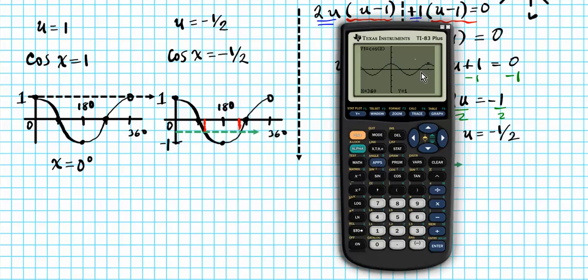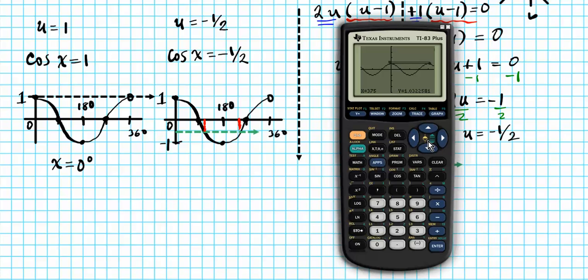Okay, so this is the window that we were focusing our energy on. To help you focus on the relevant area, I'm going to use my zoom box feature to capture the only area that we care about in the graph of cosine. We know that its domain is from negative infinity to infinity, but we want to zero in on the first period, excluding the right endpoint, namely 360 degrees.